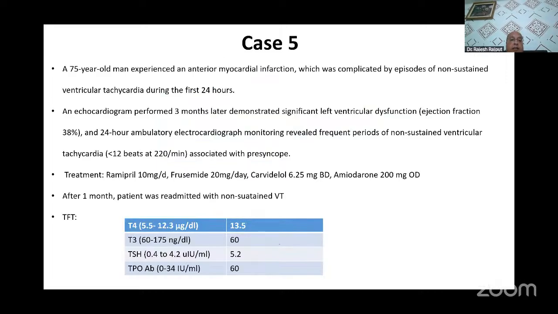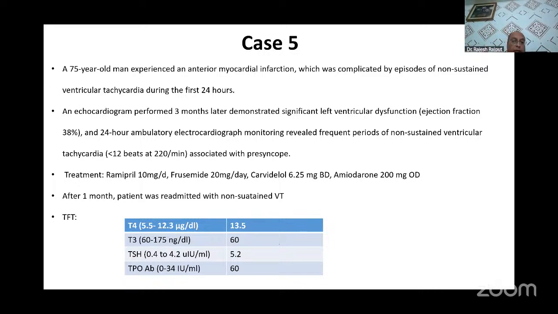Moving to case 5, a 75-year-old man suffered from myocardial infarction, and then the patient also suffered from non-sustained ventricular tachycardia. Patient was on drugs. I will not read out all the cardiac drugs.